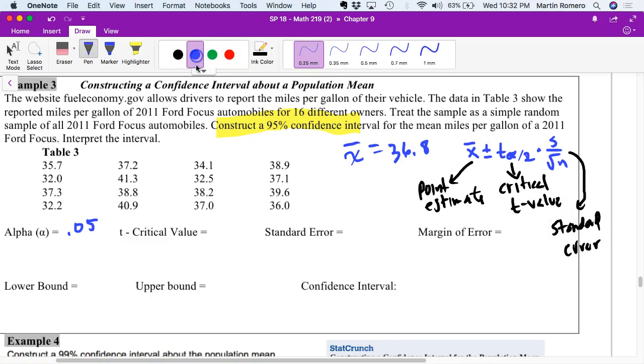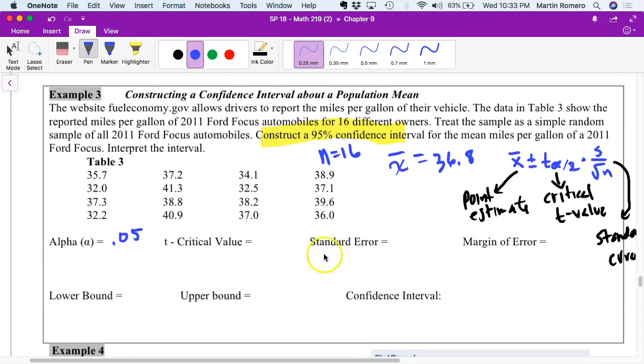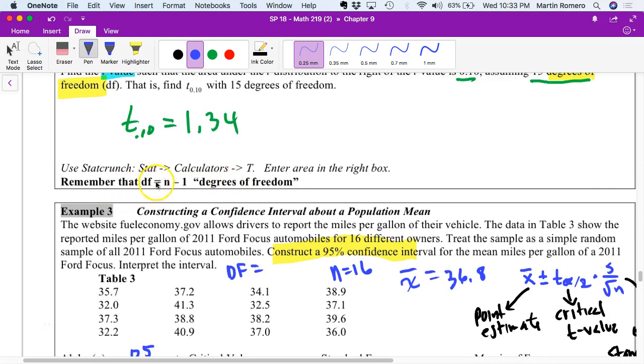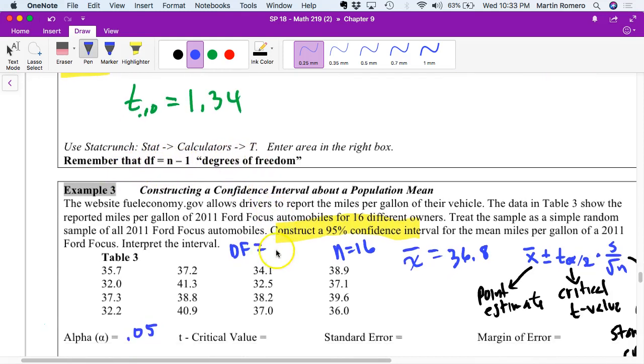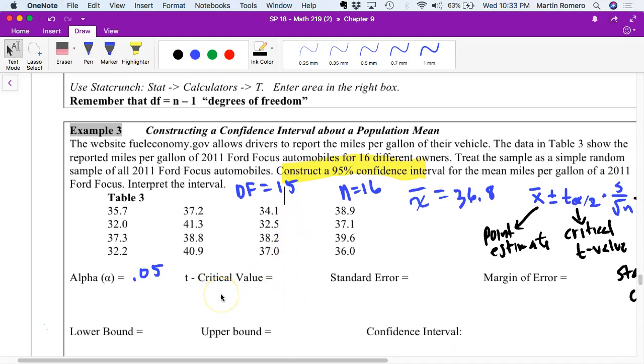Let's go ahead and do that. The critical value in this case is t. Our n here is 16. Our degrees of freedom, called df, equals n minus 1, so that would be 15, because we need that to calculate the t critical.